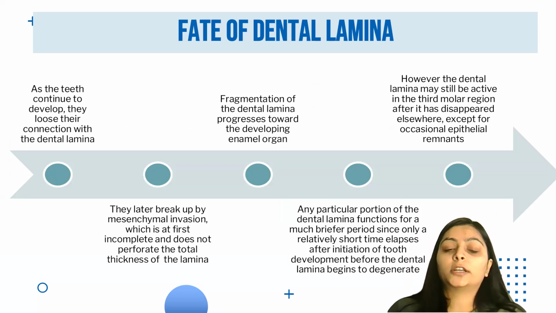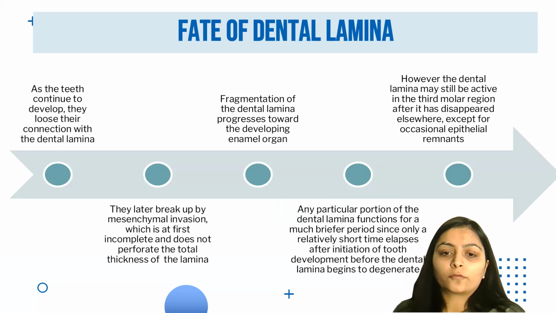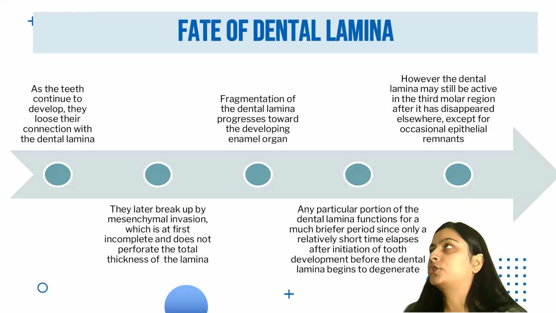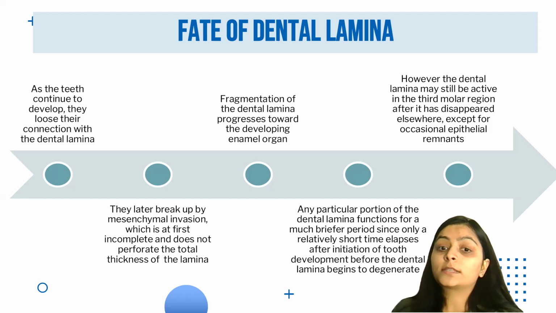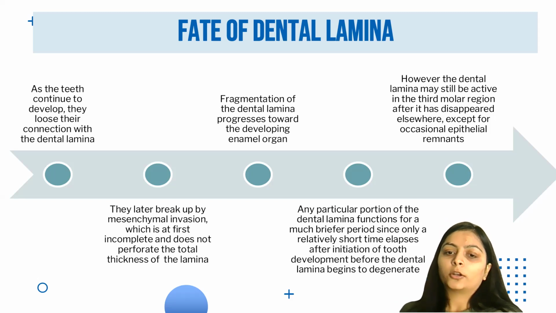Then fragmentation of the dental lamina progresses towards the developing enamel organ. Any particular portion of the dental lamina functions for a much briefer period, since only a relatively short time elapses after initiation of the tooth. Once tooth initiation starts, the dental lamina has minimal function or contribution.